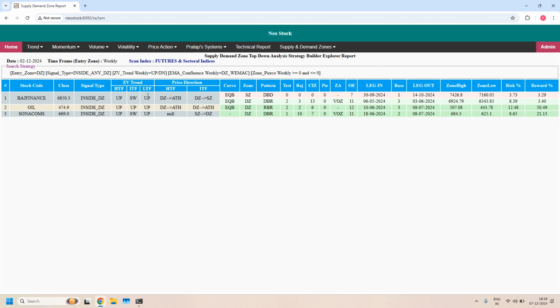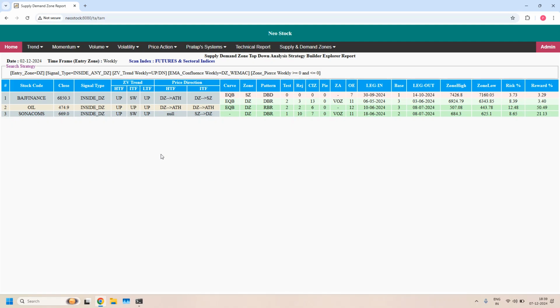Always, the trend you have to look into is the LTF for the current time frame you have selected. Current time frame I selected weekly. So the weekly trend is nothing but LTF. That way you should understand. Remember, these zones are not for taking entries.